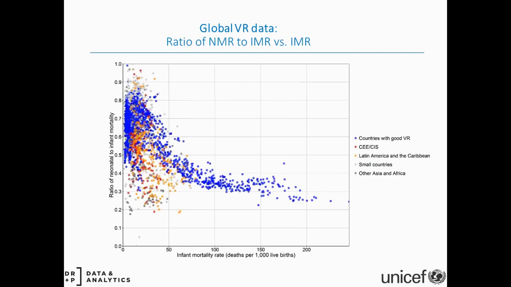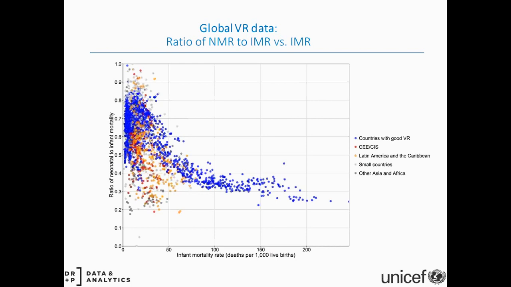And this chart will put all the available data together for the ratio of neonatal mortality rate to infant mortality rate by infant mortality rate. So the vertical axis is the ratio, and the horizontal axis is the infant mortality rate. And here we have different color coding, which denotes different regions.